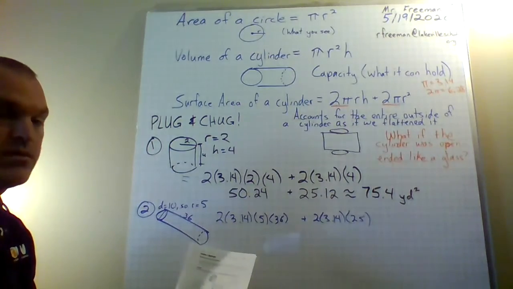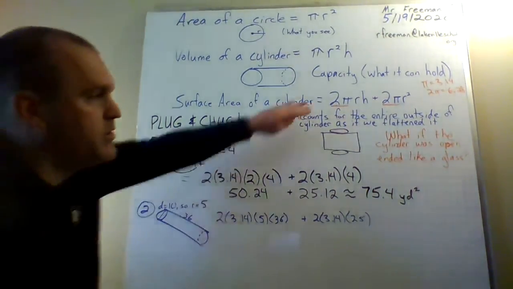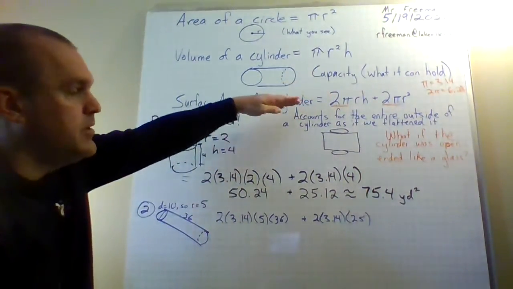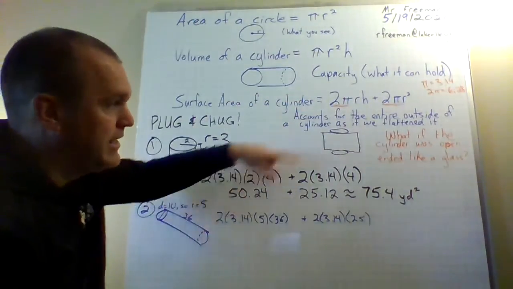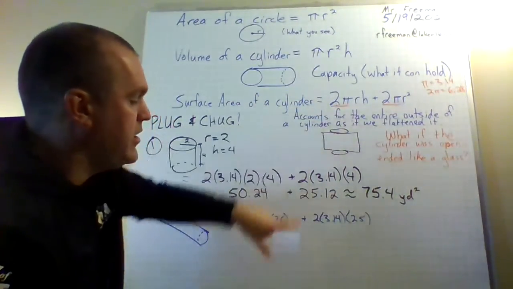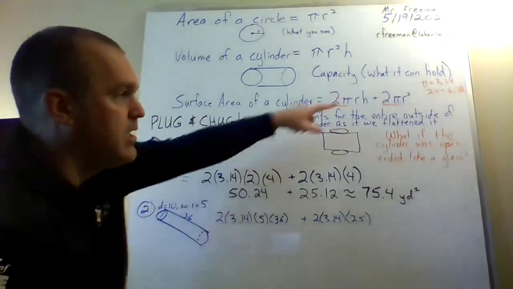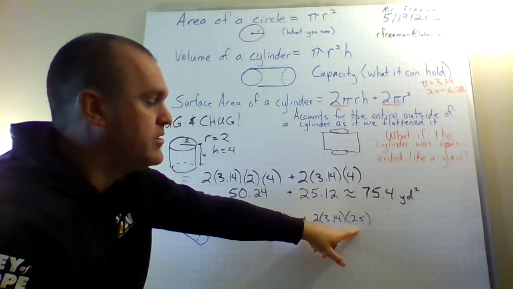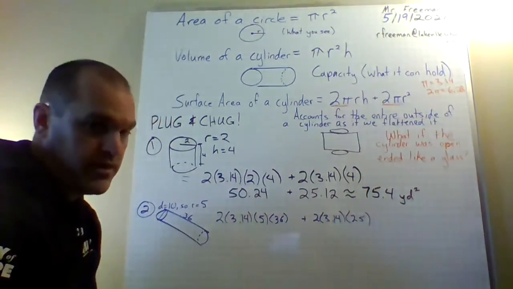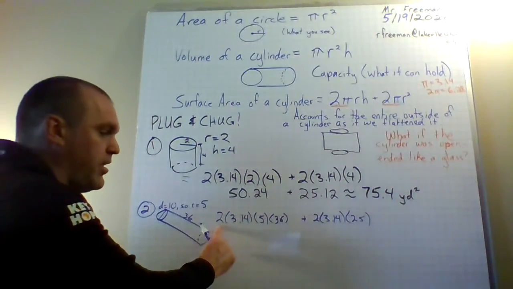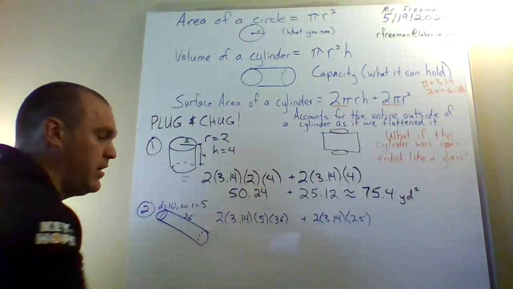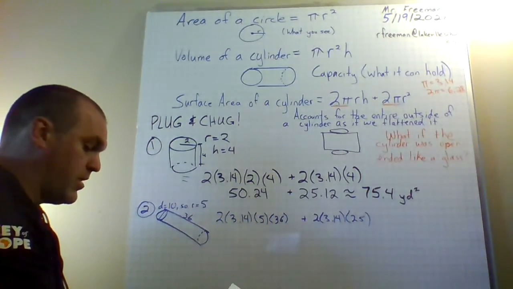Okay? Using this formula, 2 pi r h, and 2 pi r squared. 5 squared is 25.